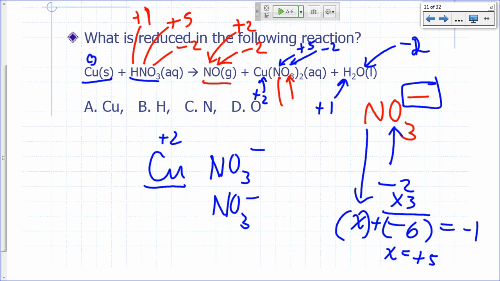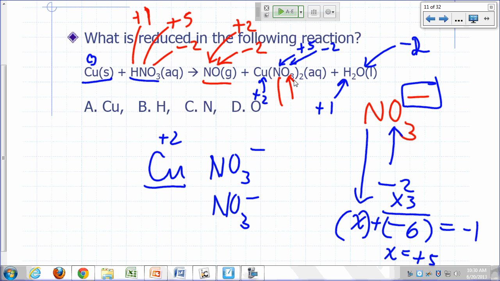Okay, given these oxidation numbers, remember what did we say about oxidation and reduction? Increase oxidation number, we say that element or that atom is oxidized. If the oxidation number goes down, we say it's reduced. So what is reduced in this reaction? Is it copper, hydrogen, nitrogen, or oxygen?